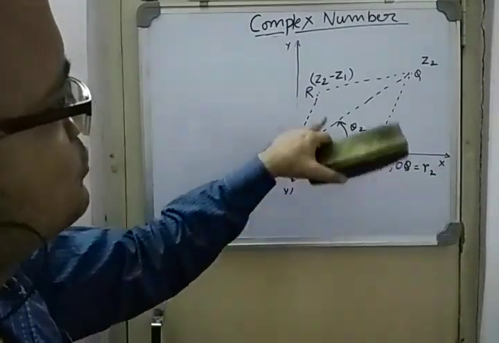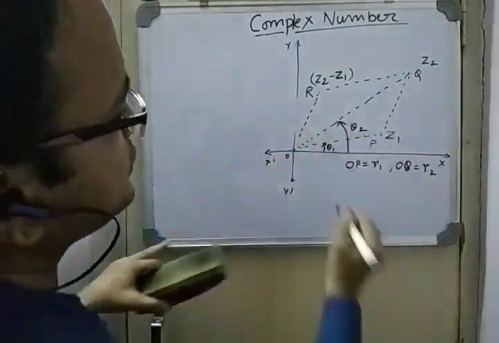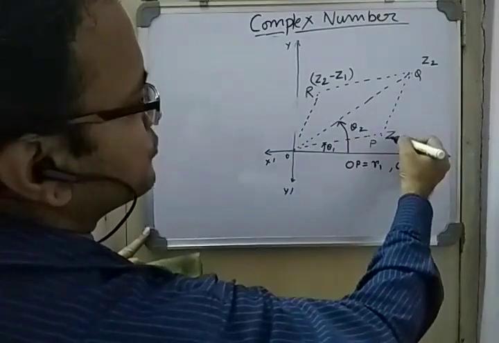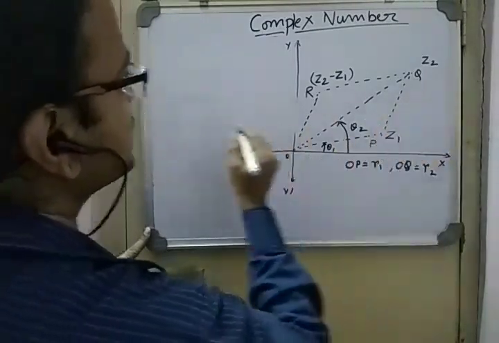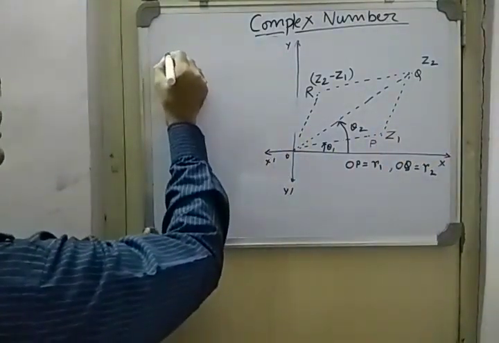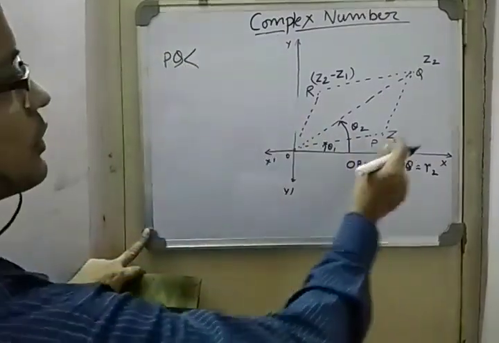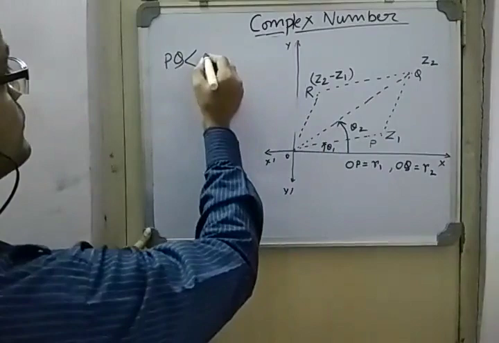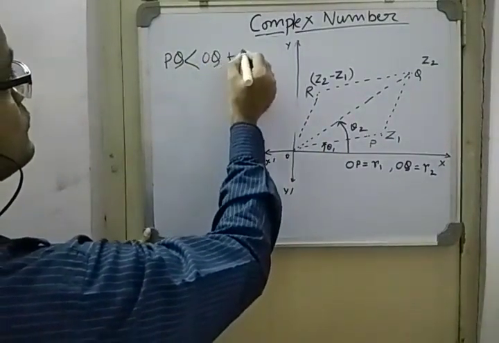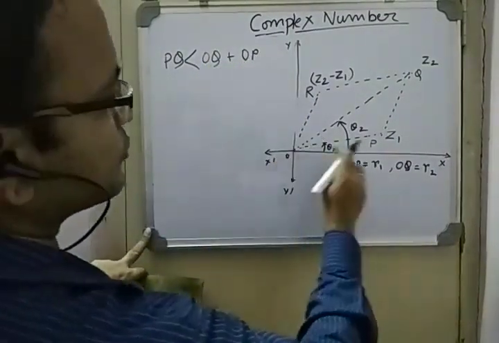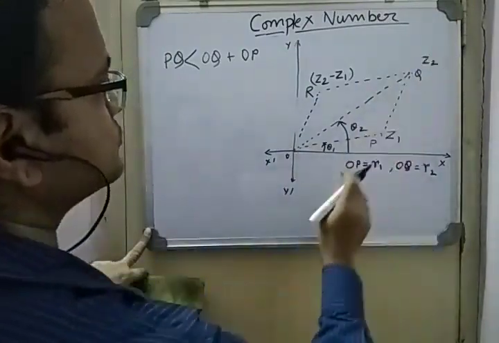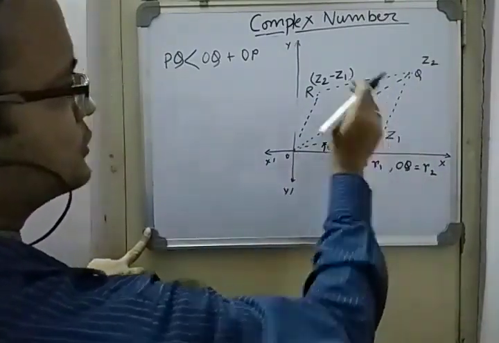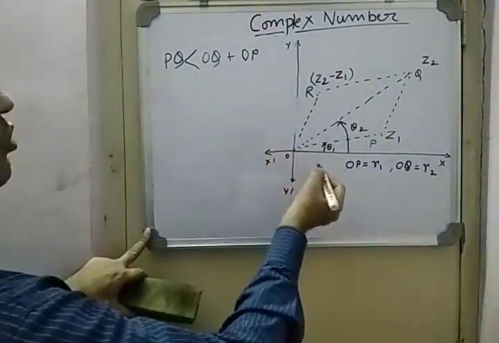So what we will do here, as this is a parallelogram, this PQ is Z2 minus Z1. So we will start with PQ. PQ is less than OQ plus OP. This is OP, this is OQ. So this is less than this plus this.